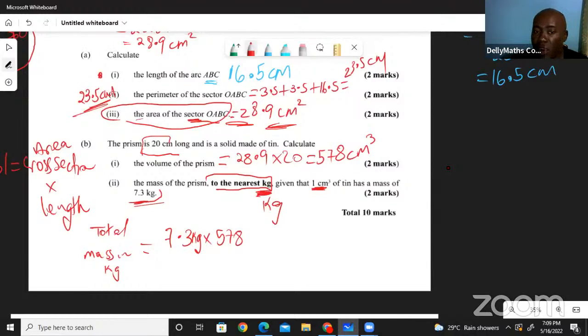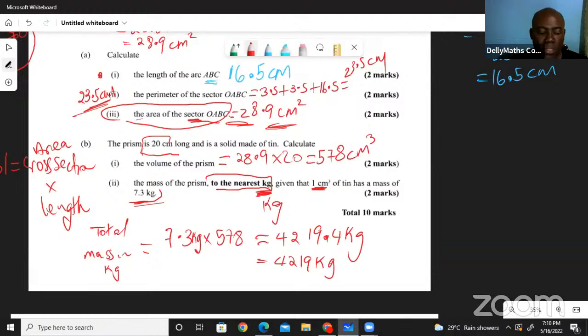By the time I reach 578 cm cube, I just need to multiply 578 by 7.3, and I'm going to get 4219.4 kilograms. But in response to the question, to the nearest kilogram, the answer is 4219 kg.